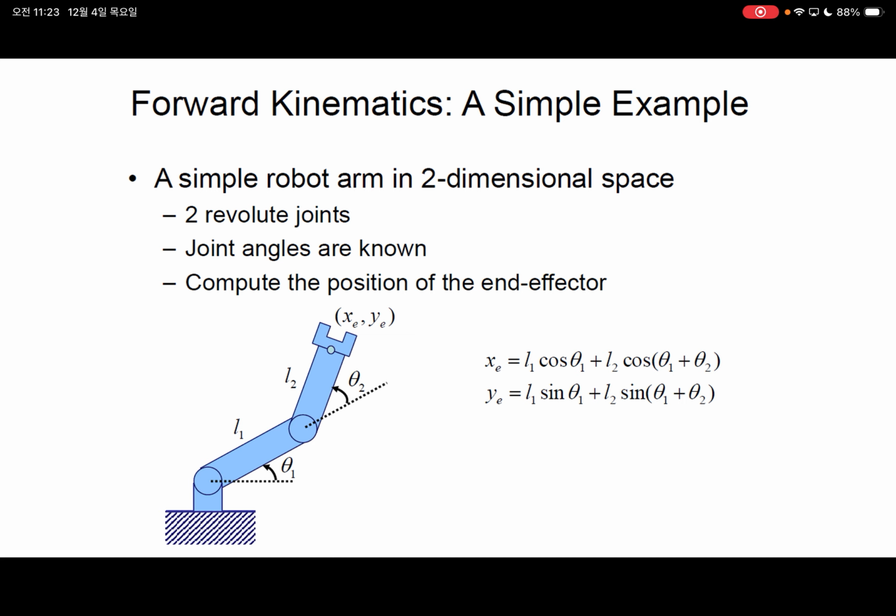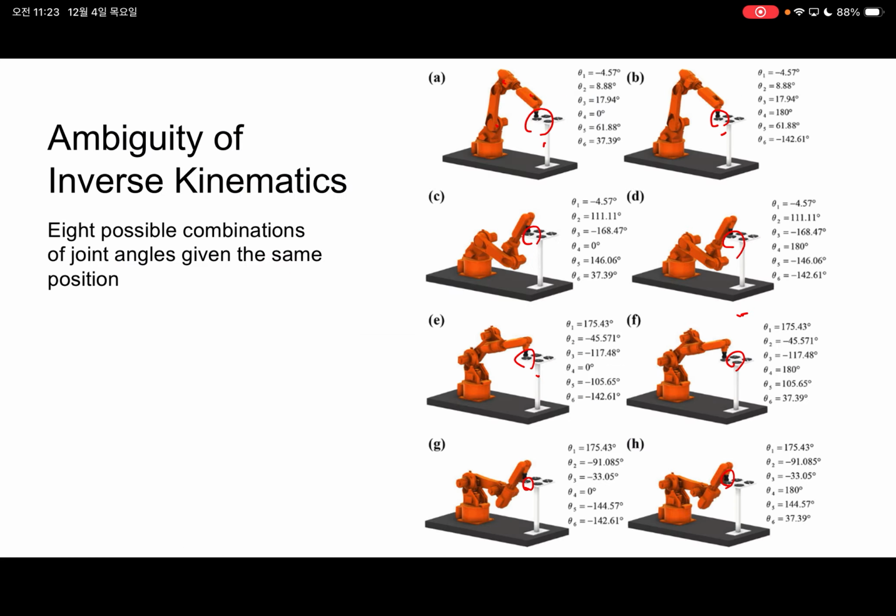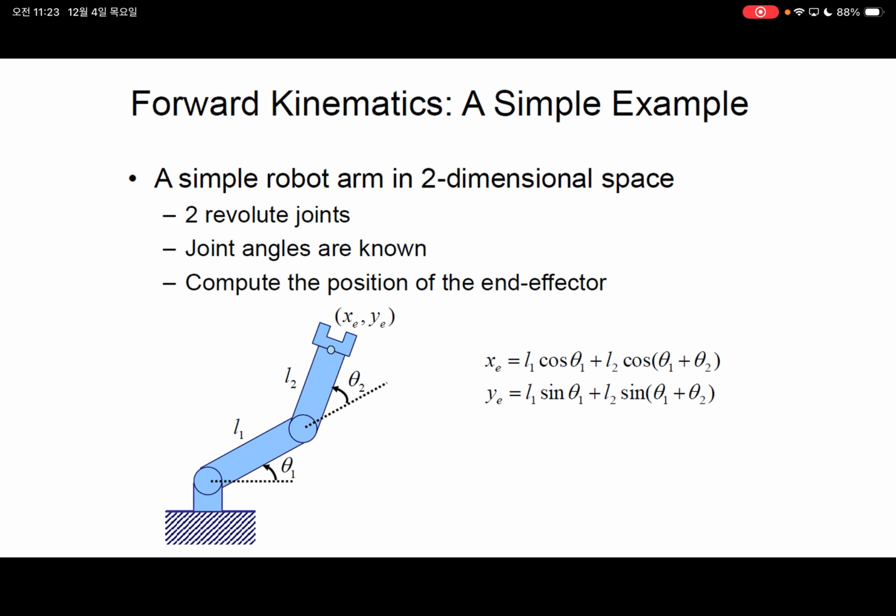To achieve inverse kinematics, you need to understand forward kinematics. Inverse kinematics is based on forward kinematics. For forward kinematics, let's study a very basic example: a simple robot arm in 2-dimensional space. This is 2D, not 3D. And we have 2 joints, here joint 1, and here joint 2.